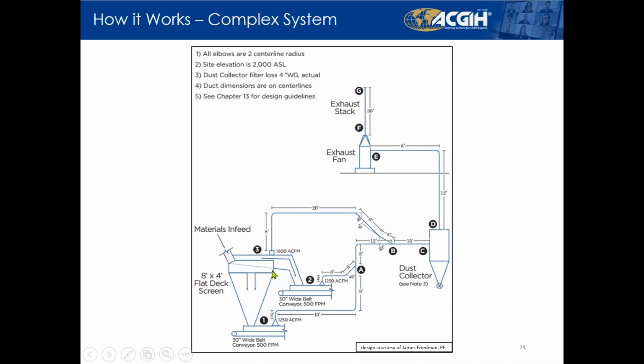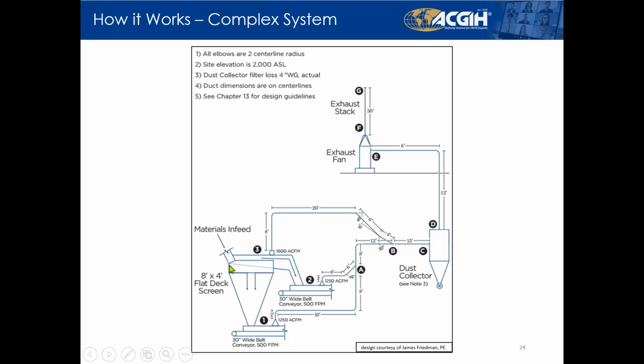There's a screen going across this deck area, and as material drops into the screen, the fines drop through the screen all the way down onto conveyor belt number 1, and they're taken away by conveyor belt number 1. Conveyor belt number 1 is ventilated through hood number 1. Hood number 1 forms our main duct, which runs all the way up to our dust collector, from our dust collector to our fan, and our fan to our stack.